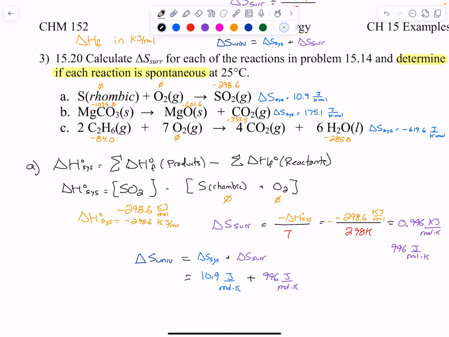So that means our delta S universe equals about 1,007. And because it is positive, greater than 0, we are spontaneous. All right, so that's A.